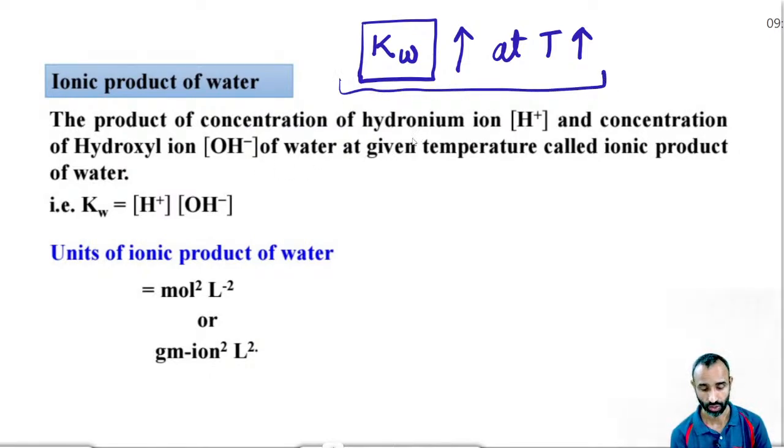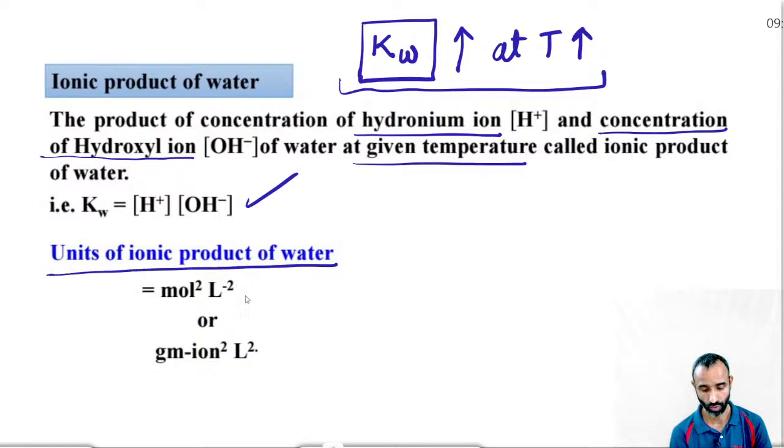So the product of the concentration of hydronium ion and hydroxyl ion of water at a given temperature is called the ionic product of water, and its units are mole square per liter square or gram ion square per liter square.